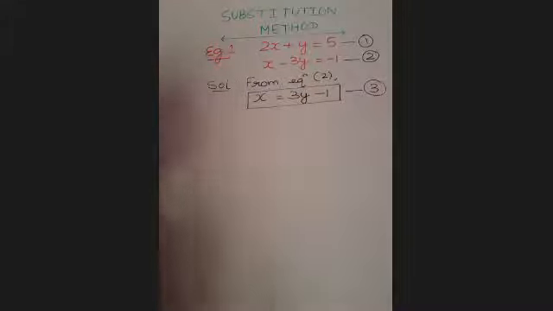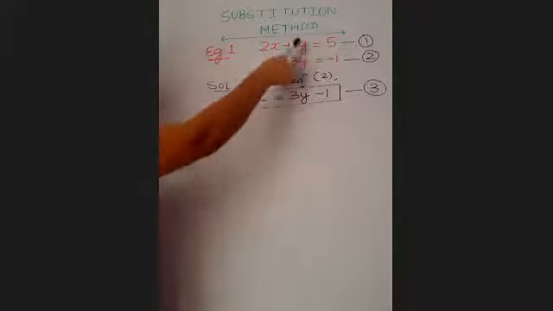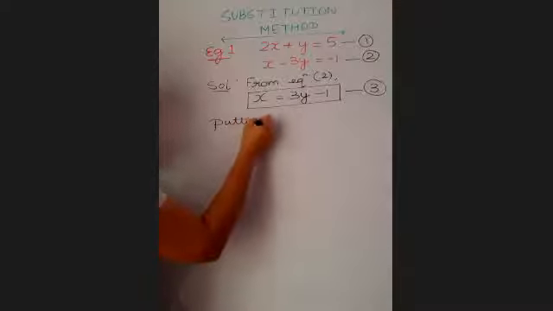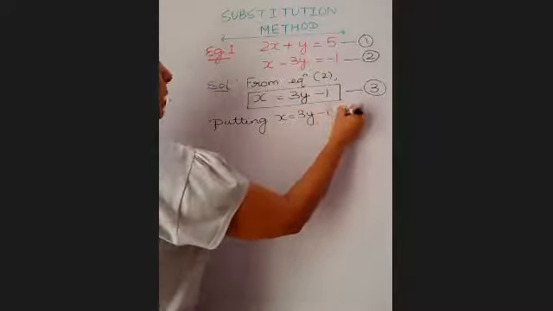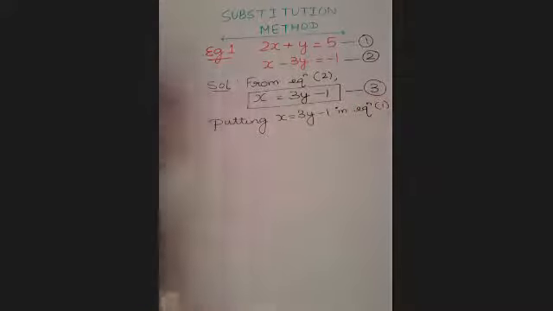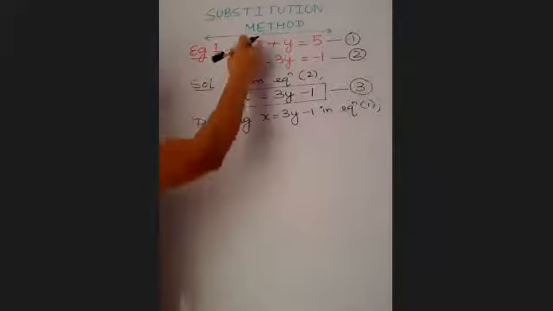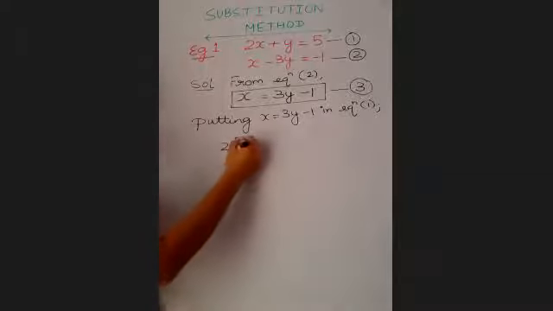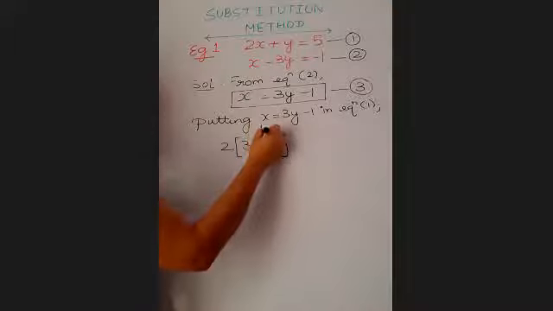Now you have taken this value from equation 2, so you move to equation 1. Put x equal to 3y minus 1 in equation 1. What shall we get? We have 2 into (3y minus 1) plus y is equal to 5.